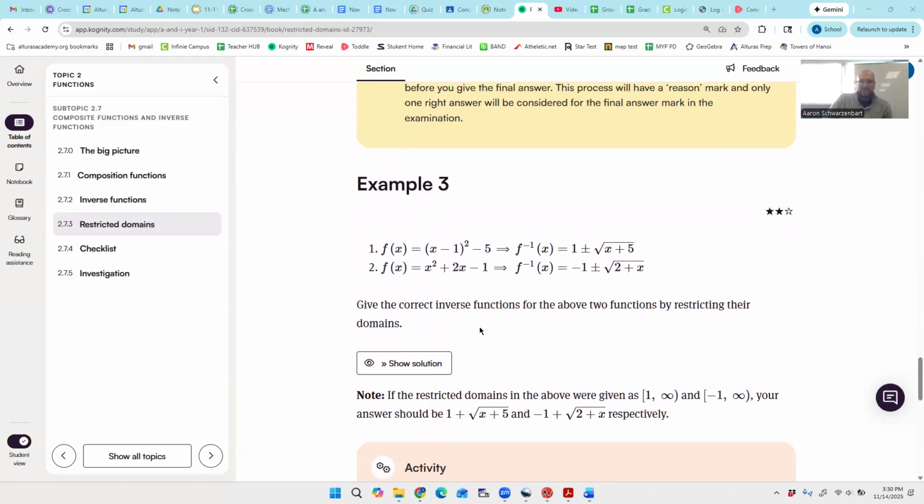Okay. Give the correct inverse functions for the two above functions by restricting their domains. So this is having us go ahead and restrict the domains. So the first one, I just want that side of the parabola, so the domain of the original is 1 to infinity.